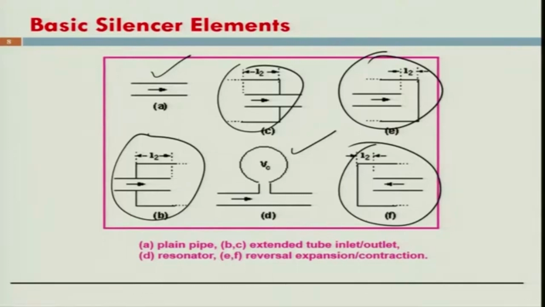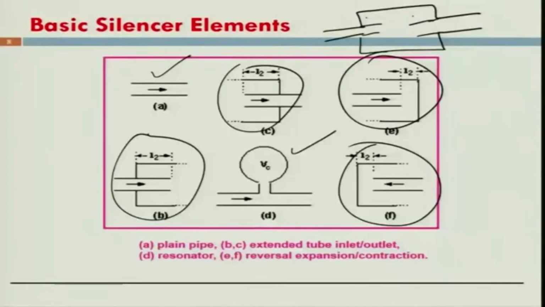So, basically, a simple expansion chamber is something like this, is it not? So, instead of the ports being flush mounted, if it is like this and if it is like this, then what happens? We have quarter wave resonators formed at the inlet and at the outlet, and you will see that they play the main role in uplifting the trough.